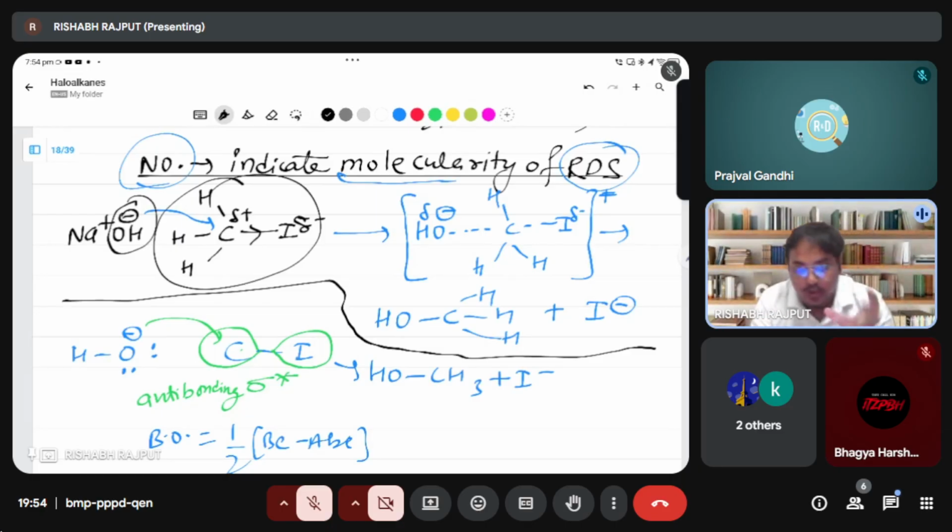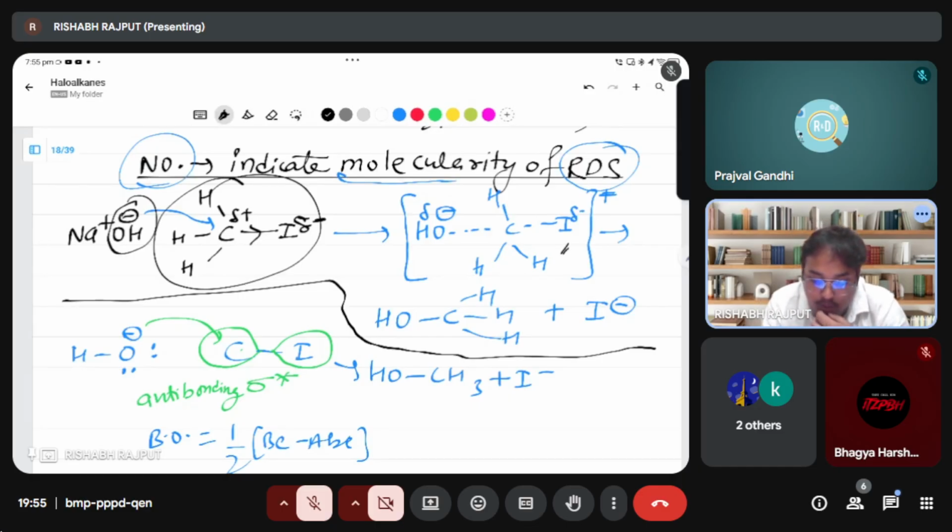Why? Because iodine is more electronegative than carbon, so polarization will happen: negative on iodine and positive on carbon. Because of that, this OH negative nucleophile will attack this carbon from the backside, like you can see here in the diagram.